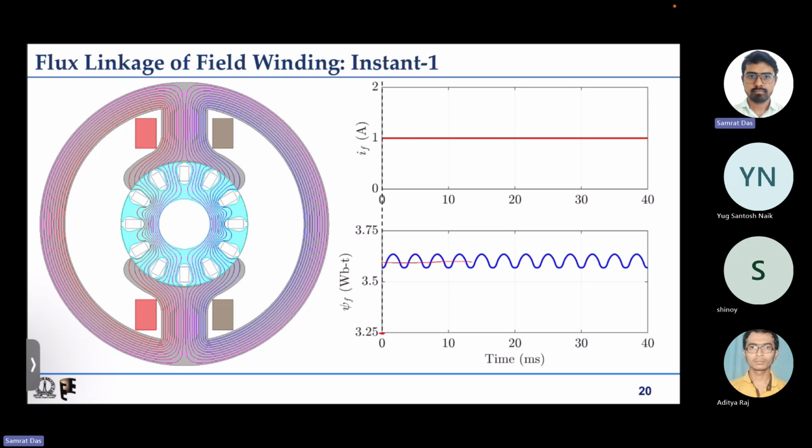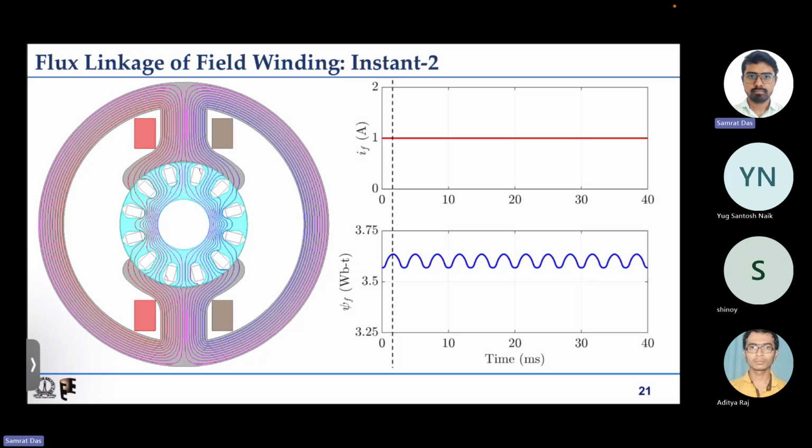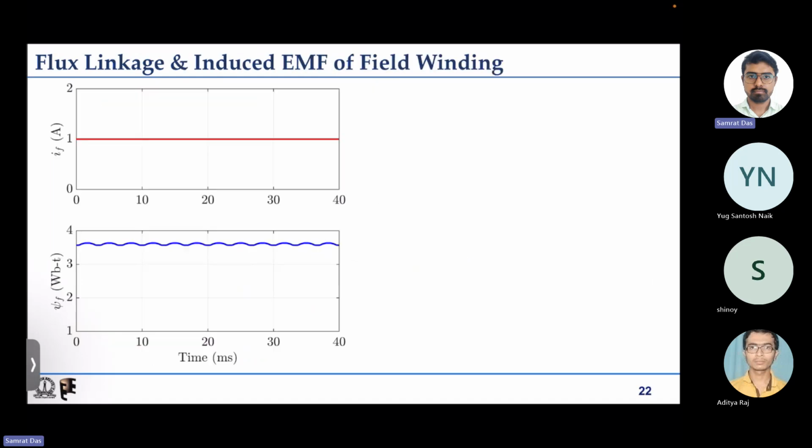If you see, this point is 3.25, so you can understand that it's almost a DC quantity with a small ripple, and that ripple is related to the number of slots that we have. We understood why that varies because of rotor position. Finally, the flux linkage of the field winding is almost constant with a small ripple, and if the number of slots is increased, then even this ripple magnitude will go down.